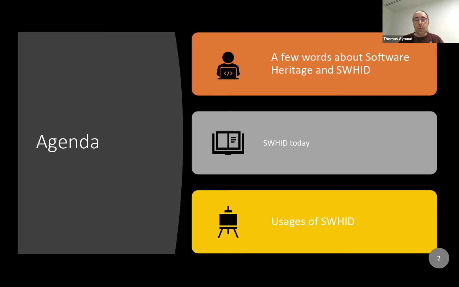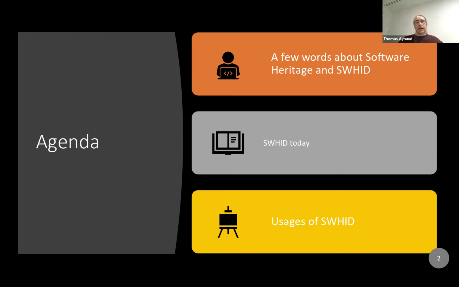Then I will go to what the SWHID are today and how they become independent from Software Heritage itself. They are a new organization, in fact, and a new ISO standard. And then I will briefly go to some usage that you can do today of the SWHID and some usage that you may expect from the SWHID after that.